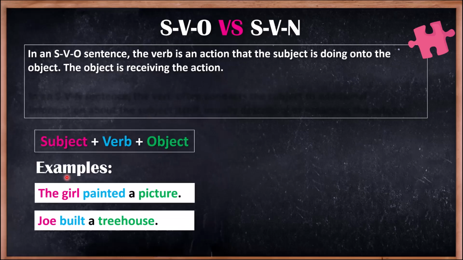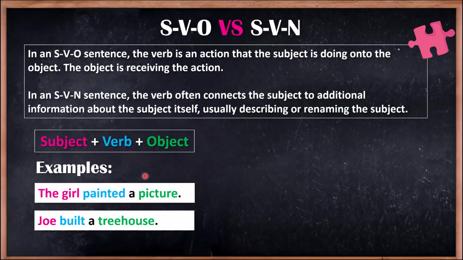For example, the girl painted a picture. Joe built a treehouse. And yes, picture is a noun, and treehouse is a noun. But this still follows the subject-verb-object pattern because the object receives the action of the subject.